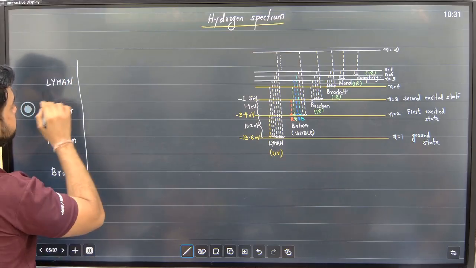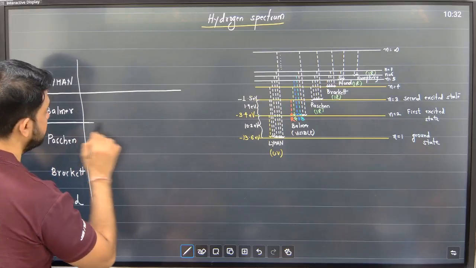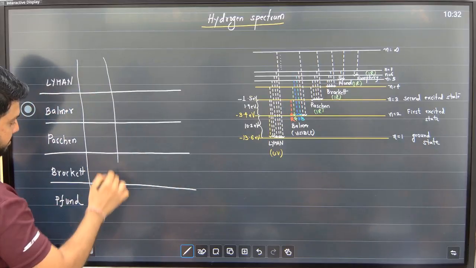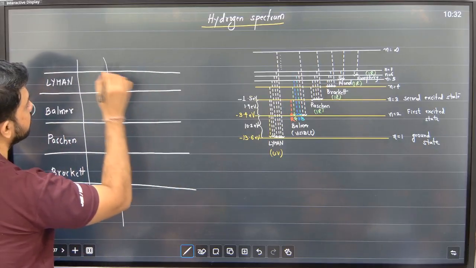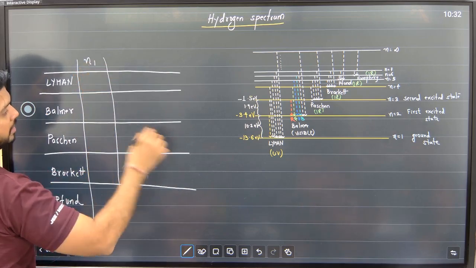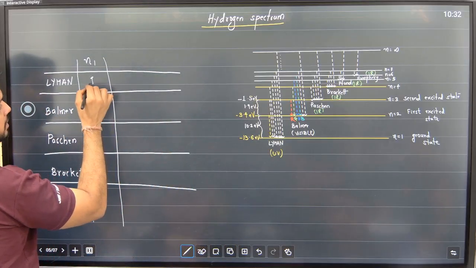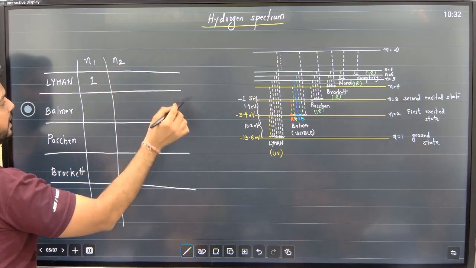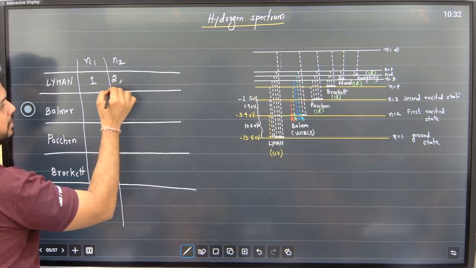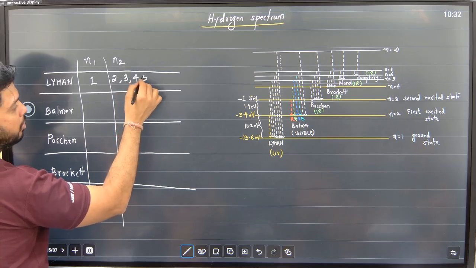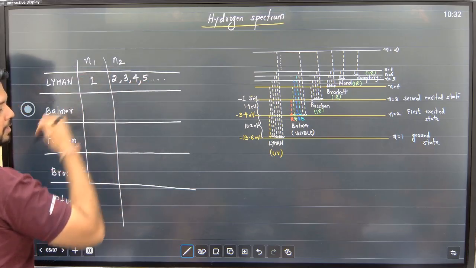For Lyman series, people, the transition takes place from all higher energy levels to the first level. I repeat, all higher energy levels, meaning from the second level or third or fifth, to which level, people?